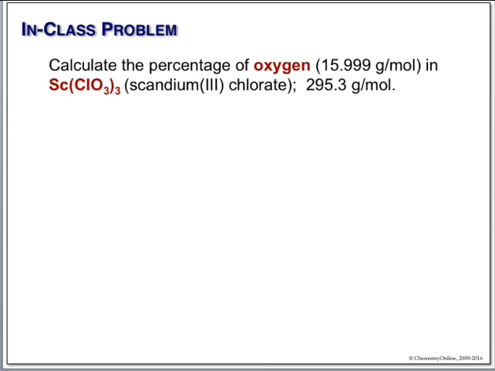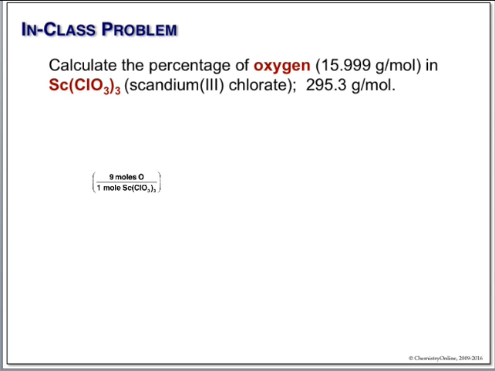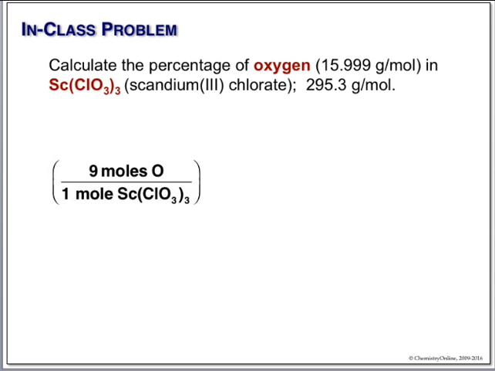So, the percentage of oxygen. How many oxygens are in here? 3 times 3. That's 9 of them, isn't it? Molar mass of oxygen is 16. This is 295. Set up a mole ratio, convert it to a mass ratio. Our mole ratio: 9 moles of oxygen for every mole of scandium-3 chlorate.